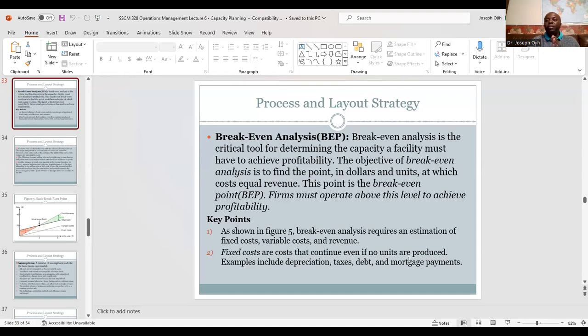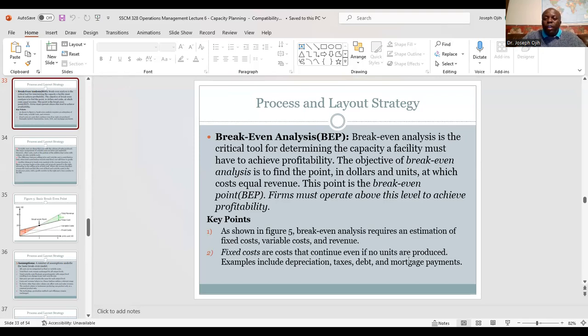Break-even point refers to that important tool. When I say point, I mean the production level the firm will reach before they start attaining profitability.